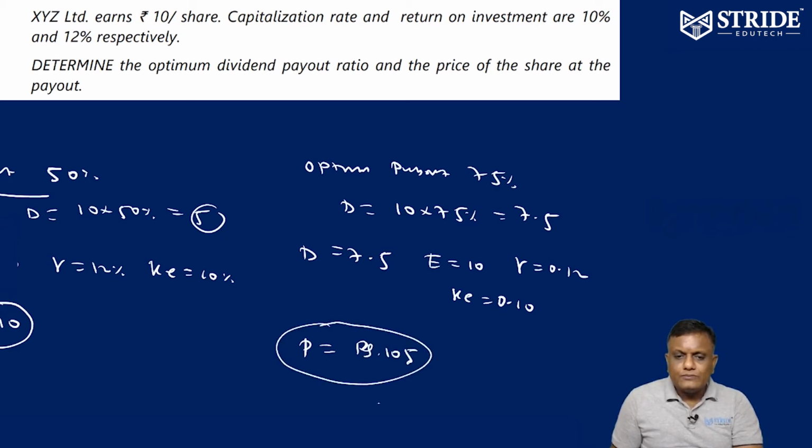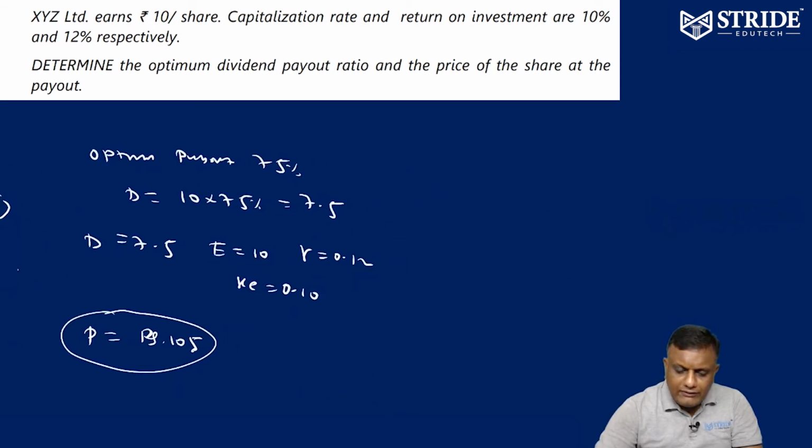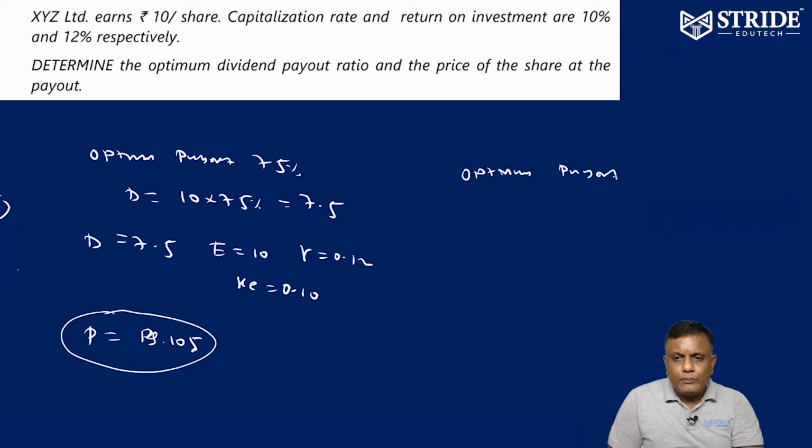Similarly, if the payout is 100%, then D is equivalent to 10 into 100%, that is 10.